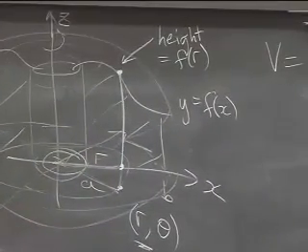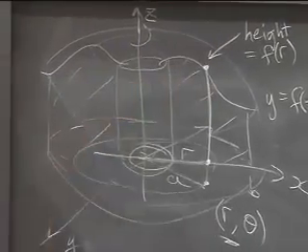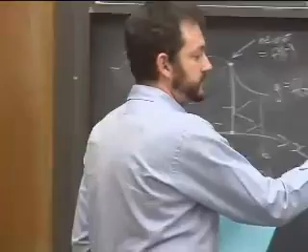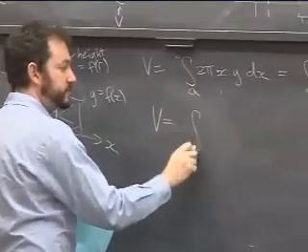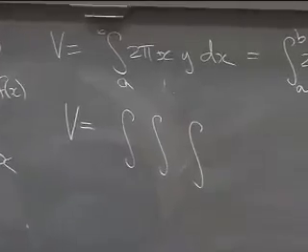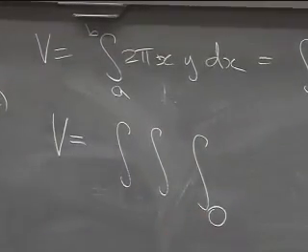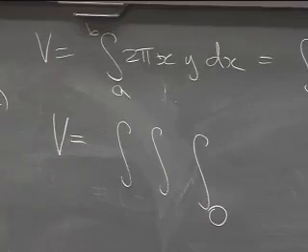And it's true no matter what theta is, because the whole thing is revolved, as I said. So basically, as a triple integral, the highest z is f of r.